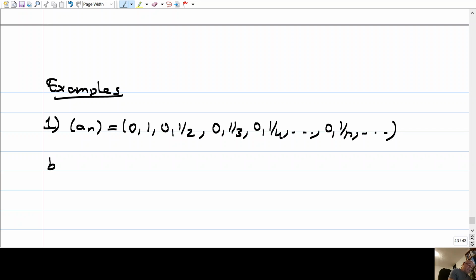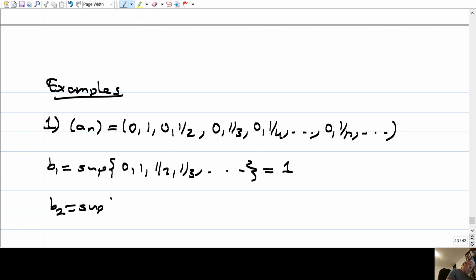What is, for example, B1? It is the supremum of all these elements. So what are these? I take 0, 1. I don't take 0 anymore because it's already there. 1 over 2, 1 over 3, and so on. So what is the supremum? Well, the supremum is clearly 1. What about B2?